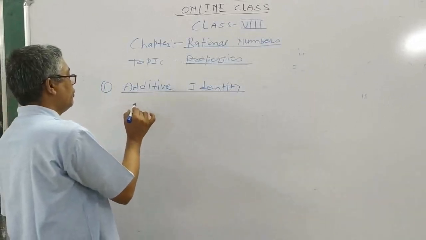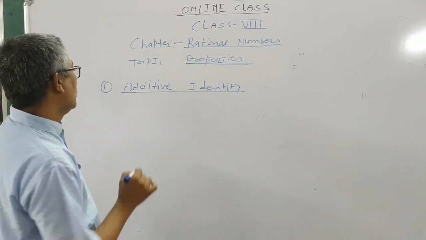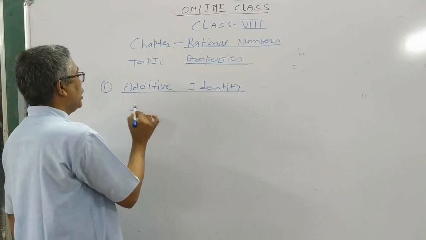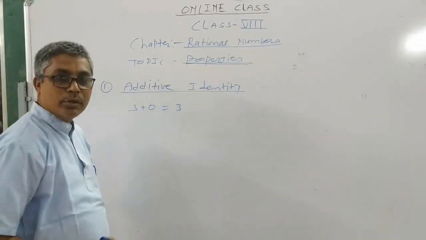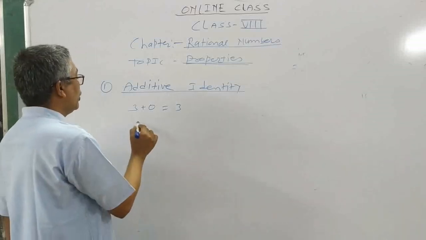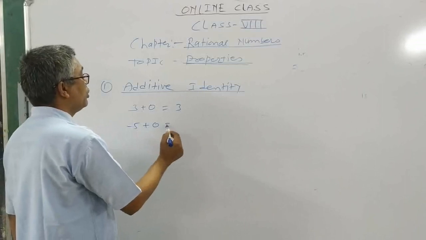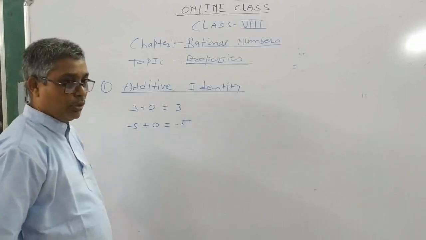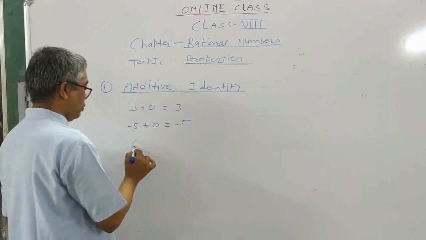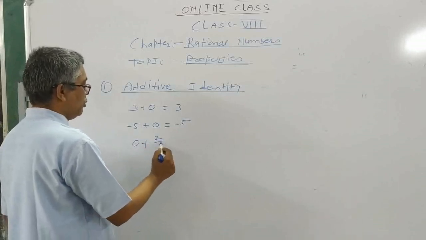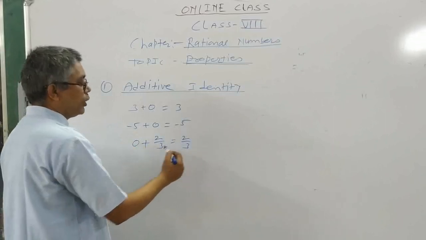Suppose if we take 3 and if we add 0 in 3, we get the same number 3. If we take minus 5, if we add 0 in it, we get minus 5. Or if we add any number in 0, we can say, suppose 0 plus, if we add 2 by 3 with 0, we get 2 by 3.